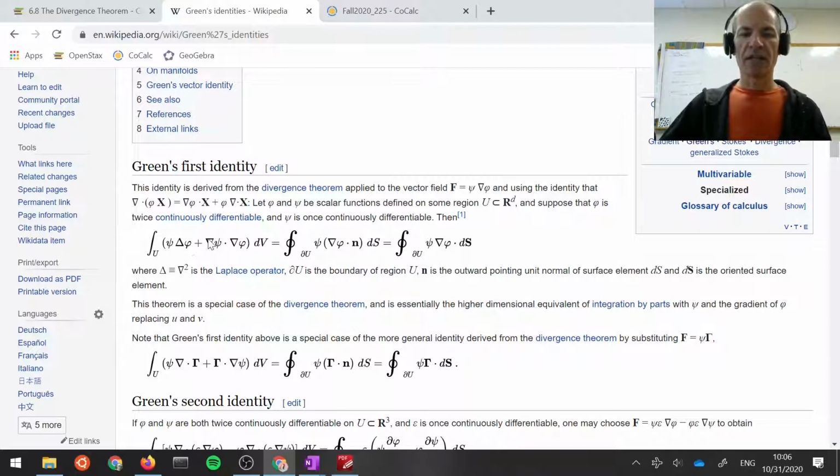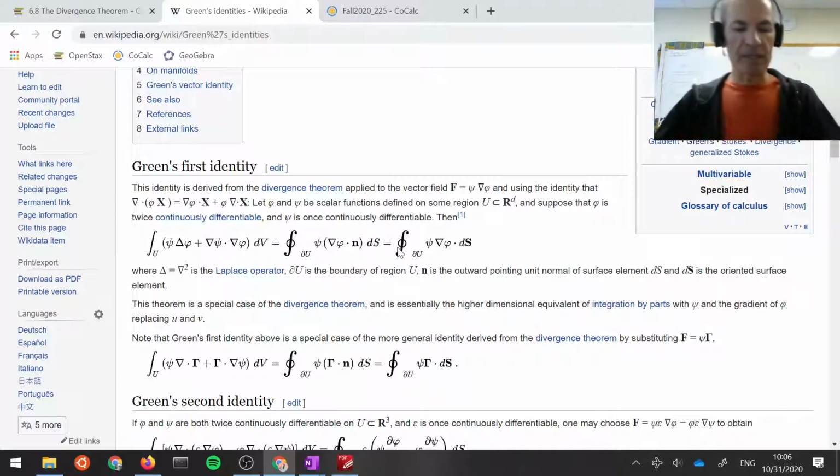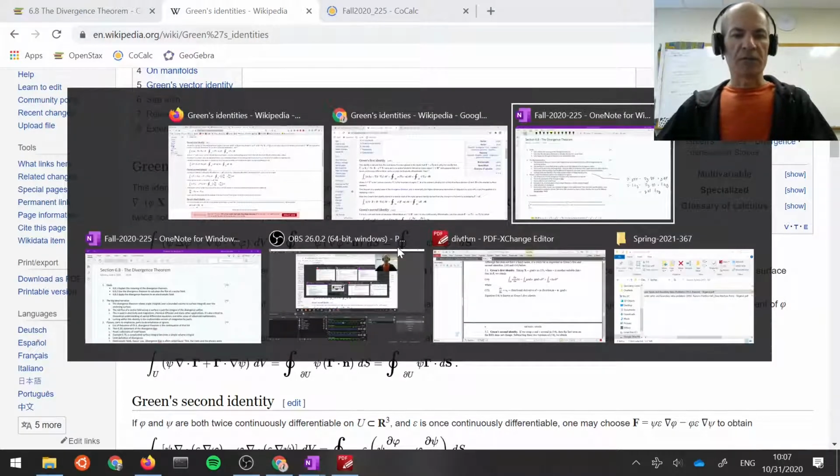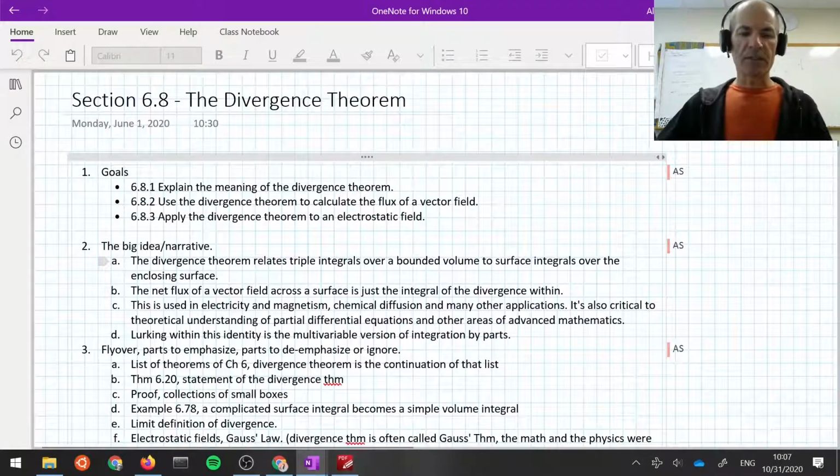I take this gradient and I move it onto the phi. The gradient applied to this operator becomes a divergence. Together they become the Laplace operator, and what's left over is this boundary integral. If you take my engineering math class, we actually use that identity, but for now, let's just carry on.